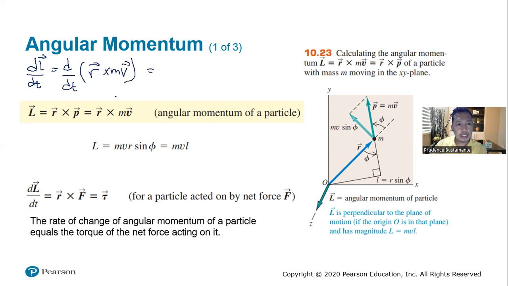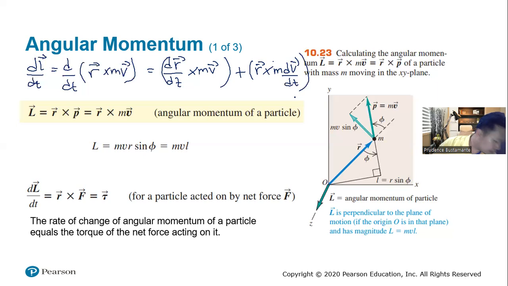Using the product rule, this is dr over dt cross mv plus r cross m dv over dt.